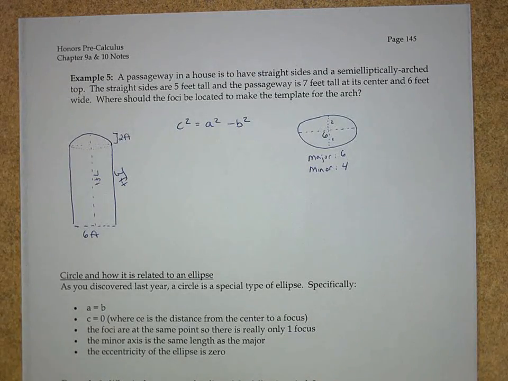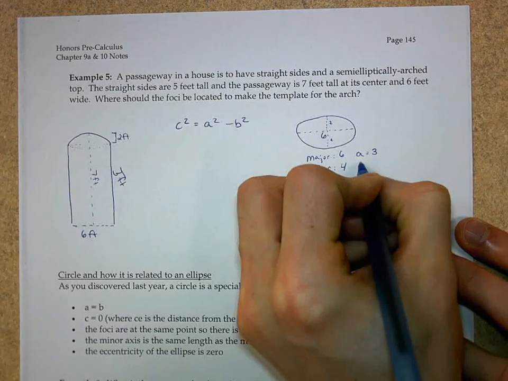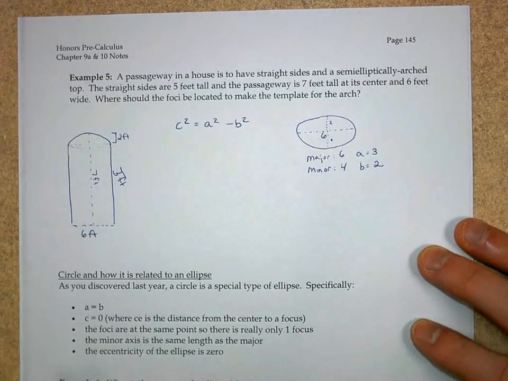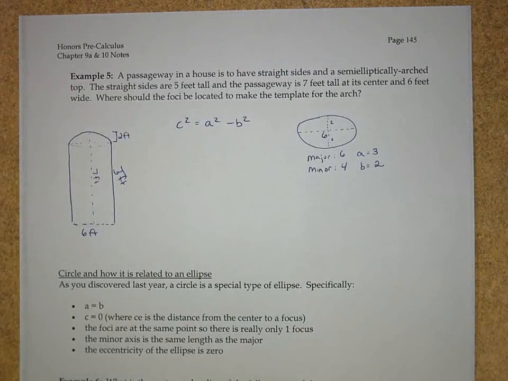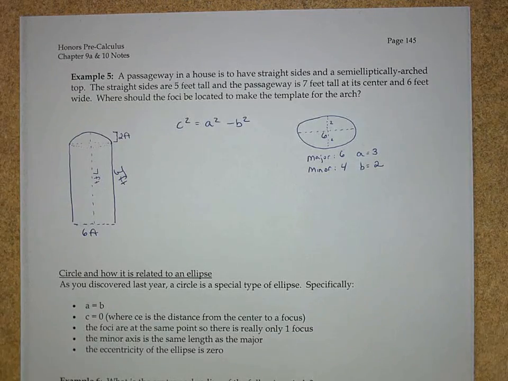Once I get that, I can figure out what my A value and B value are. Here, A is going to be 3 and B is going to be 2. The reason for that is the major axis length is 2A and the minor axis length is 2 times B. So if we divide both sides by 2 for the lengths, we get our A and B values.